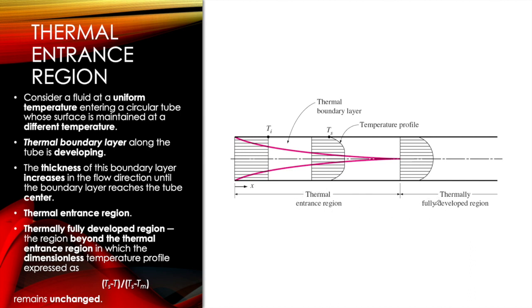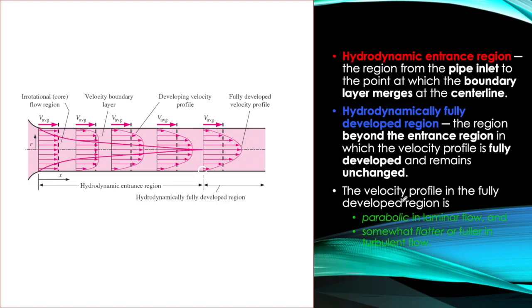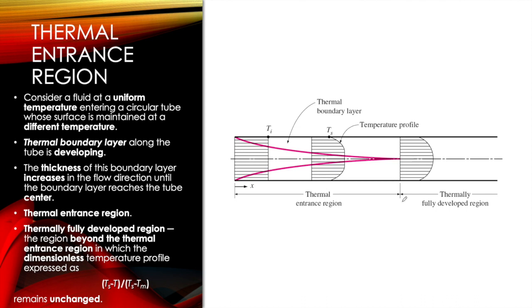This region is actually the same as the velocity boundary layer region. Okay, and the thermally fully developed region is the region beyond the thermal entrance region, in which the dimensionless temperature profile expressed as (Ts - T) / (Ts - Tm) will remain unchanged.